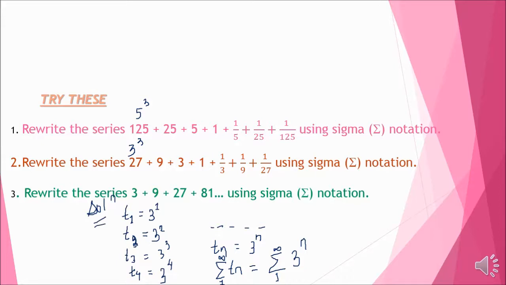Now let's move to another example. Example 7b, I think 7b. We have already done 7a. Now find the nth and 17th term of a given series.